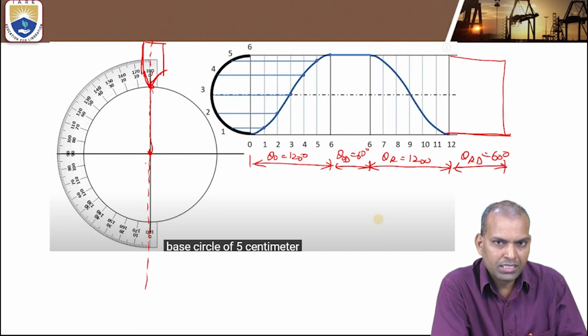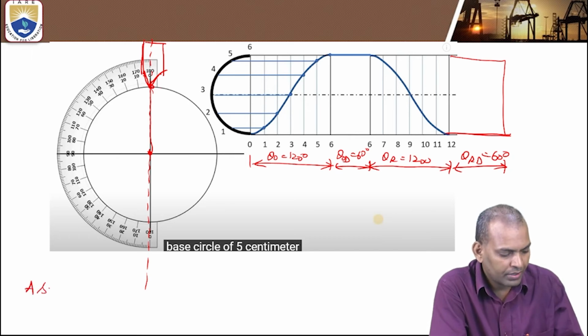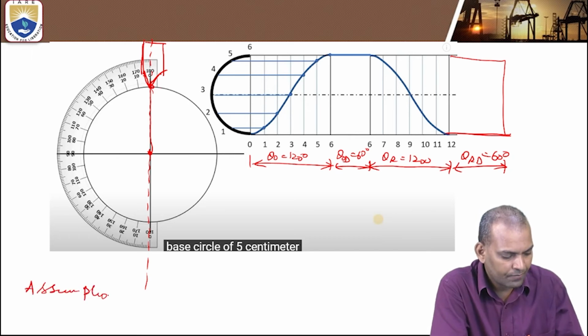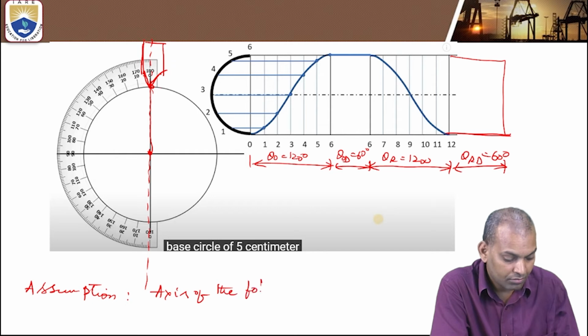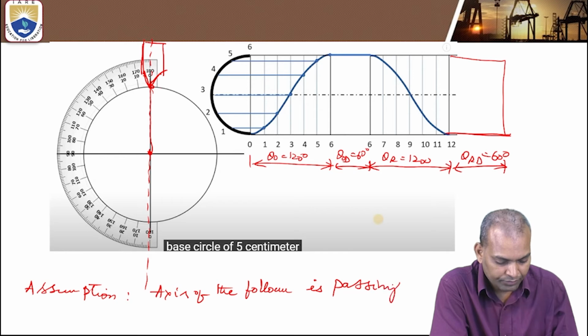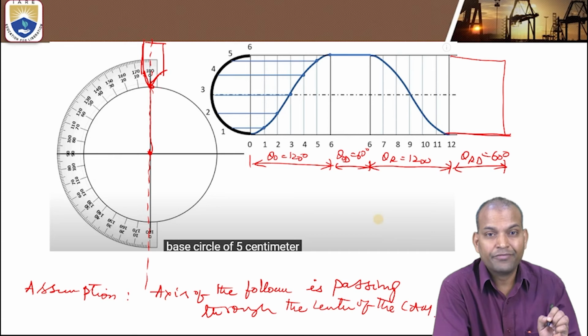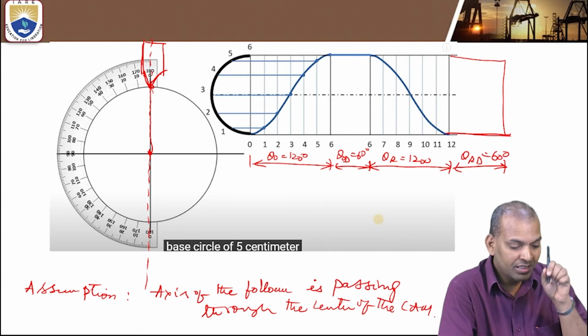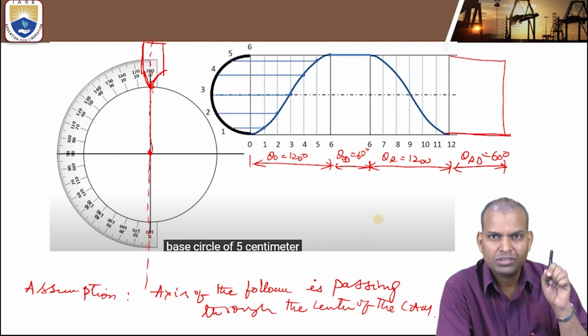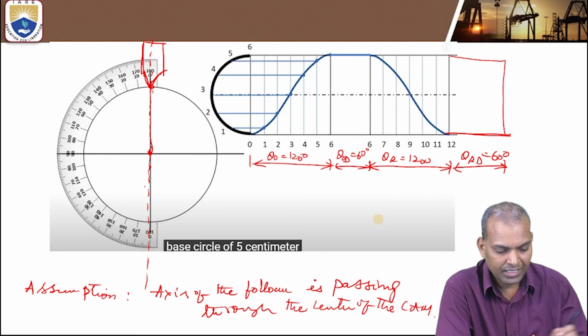Our assumption, because it was not mentioned, is that the axis of the follower is passing through the center of the cam, not the axis of the cam. The axis of the cam is normal to the screen, but it is the center of the cam.